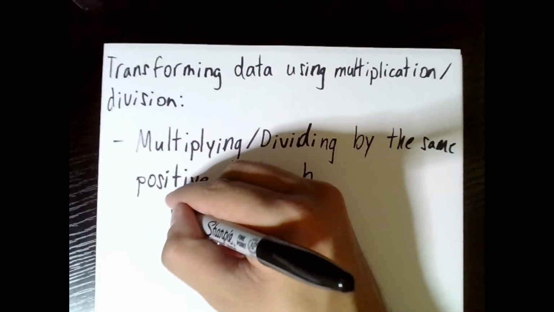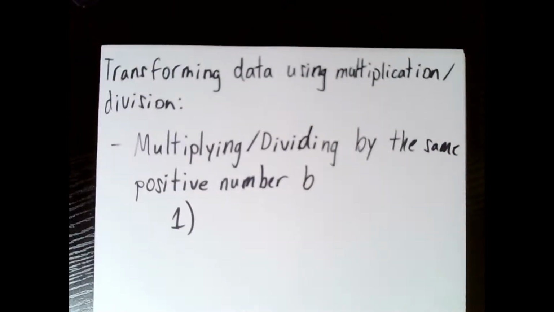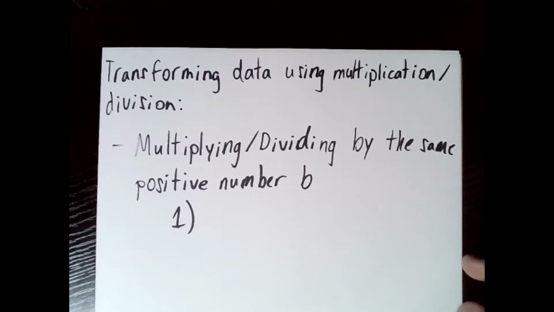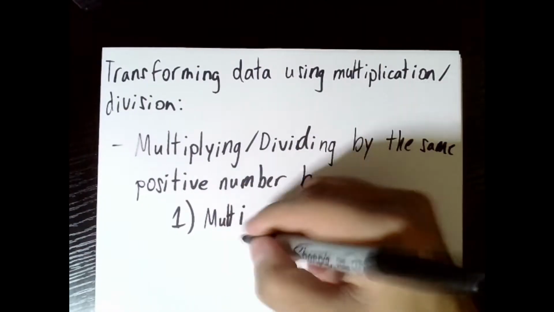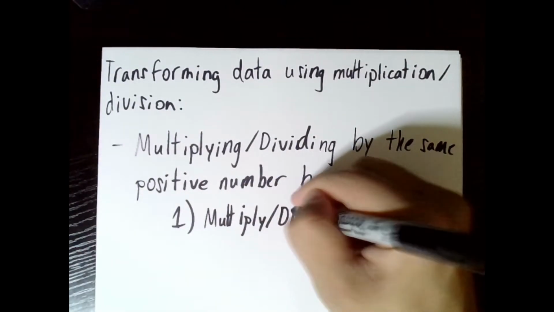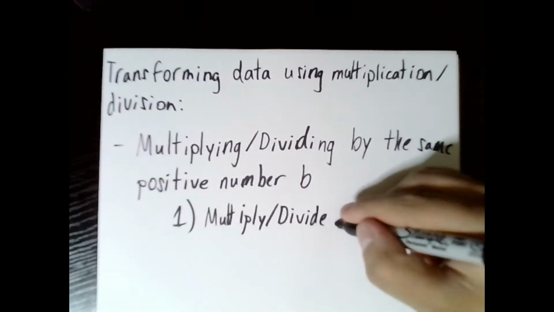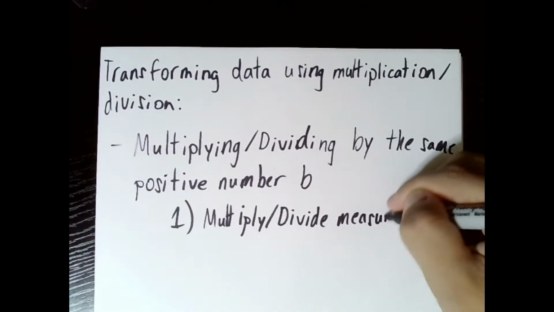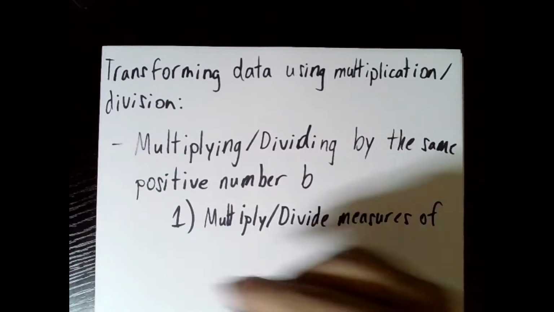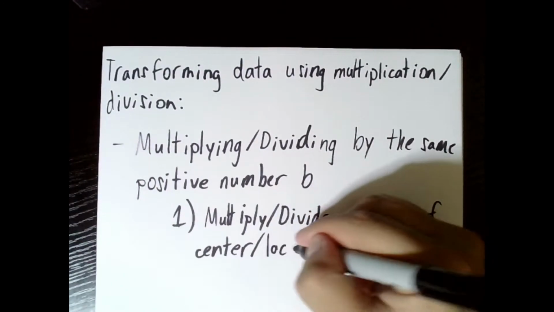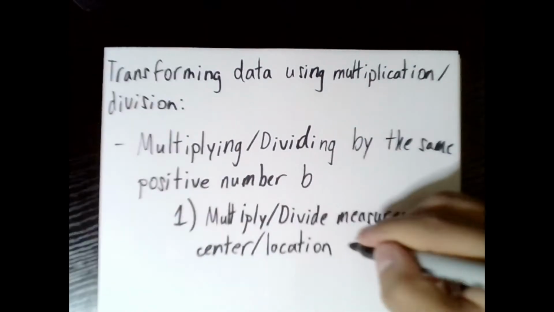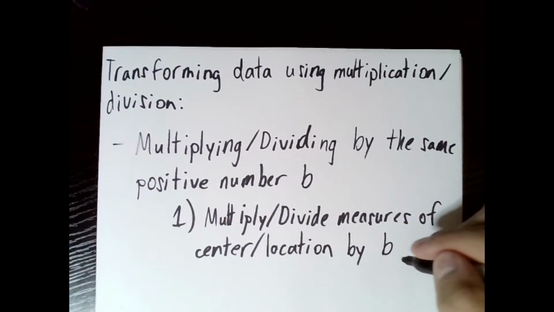So impact number 1, and we're always going to talk about these impacts in terms of the 4 characteristics we talked about, which are shape, center, spread, and outliers, okay? So it will multiply / divide measures of center and location by 'b', okay?